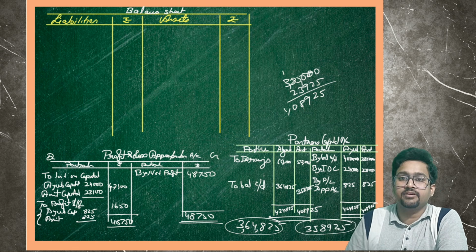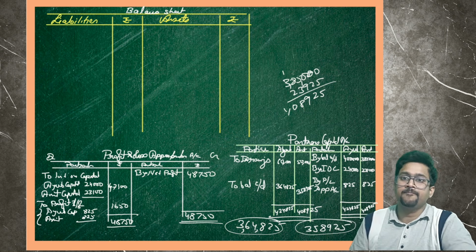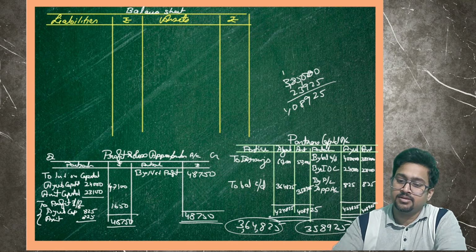I have written it in big figures because we need to use it for the balance sheet, so to avoid any confusion, I have just written it over here.